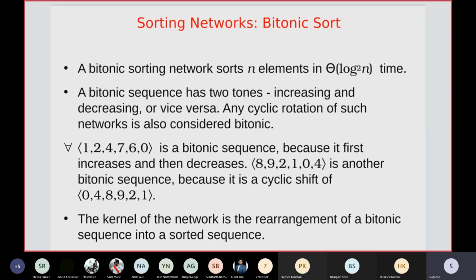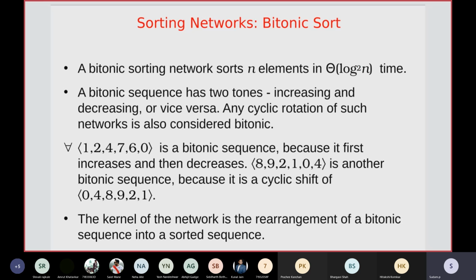This is a cyclic sequence, which is also called a Bitonic sequence. Or it may be increasing then decreasing, for example 1 2 3 4 3 2 1 2 3 4 again 3 2 1. So increasing and decreasing is also called a Bitonic sequence. In this way elements are sorted in Bitonic sort.